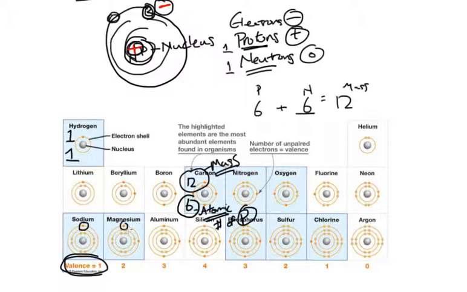Magnesium, as you can see here, has 2, all the way up to argon, which has a full 8. 2, 4, 6, 8 round. So valence is the number of bonds it can make. So it's the number of lone pair electrons. So as you can see, there's 1 lone pair by itself.